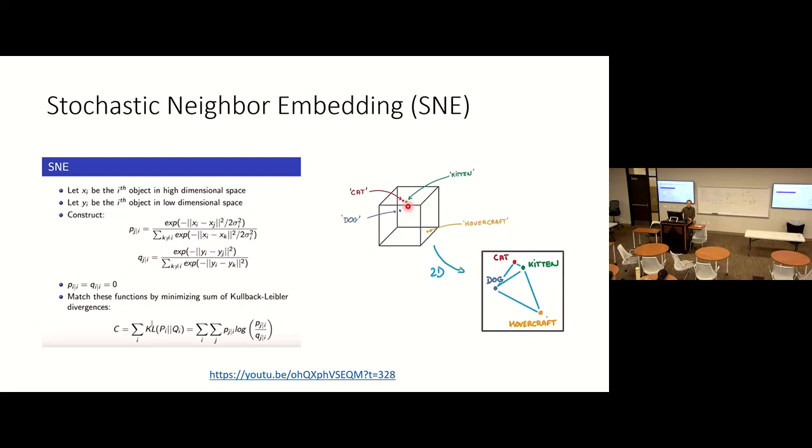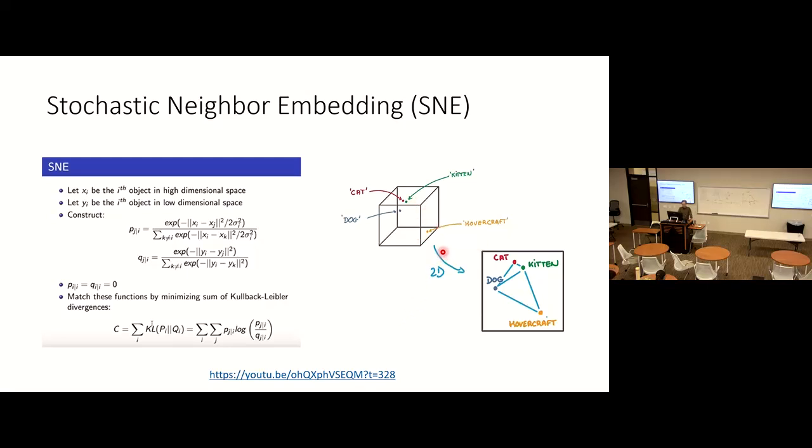Okay, so this is not a direct distance projection. It's a probability projection of the relationships between neighbors. It was a P, and it becomes a Q in the low dimensional space, but you want to keep the P and Q distributions as similar as possible. So you want to minimize the KL divergence between these P and Q distributions. Okay.